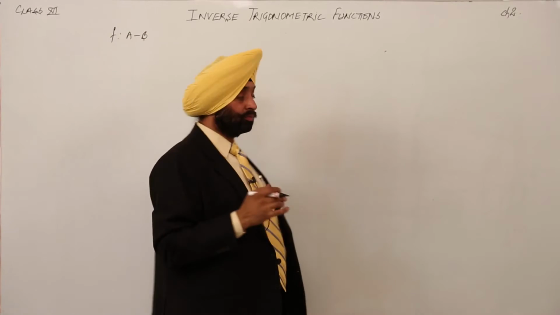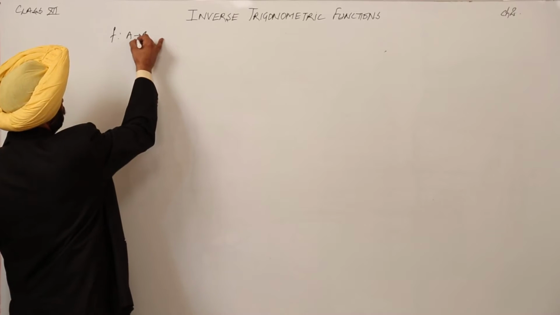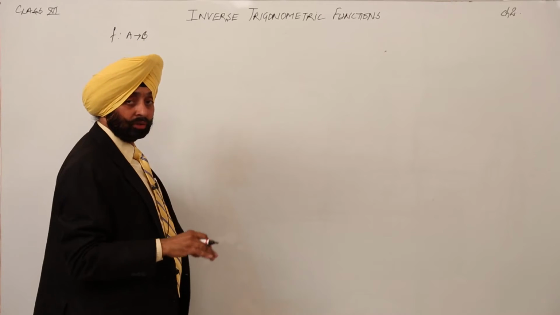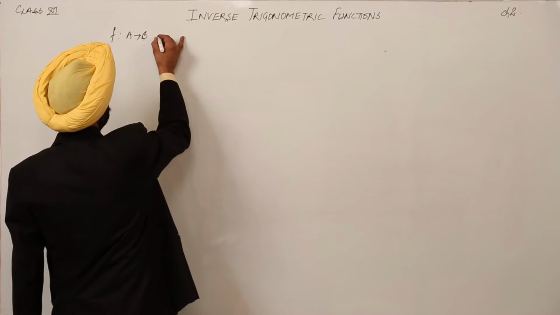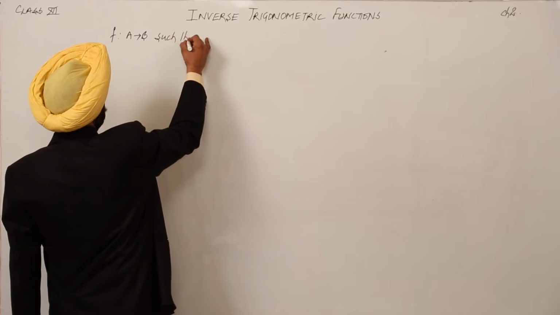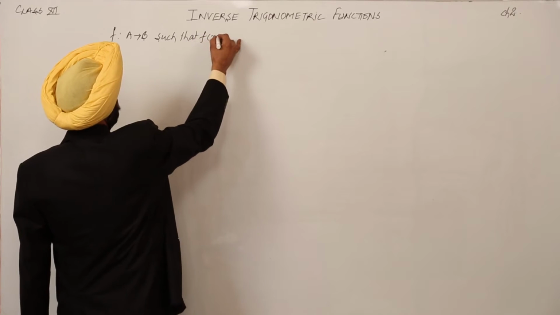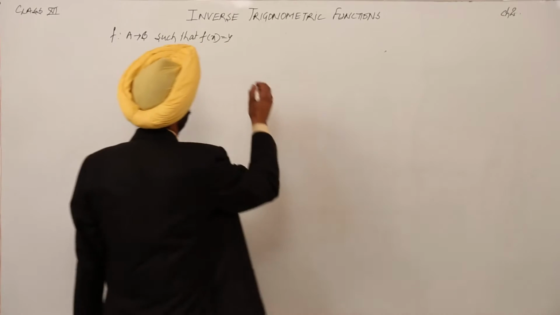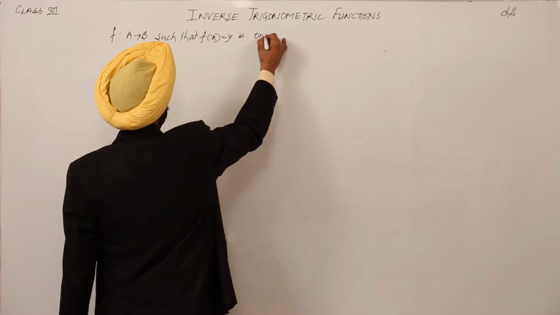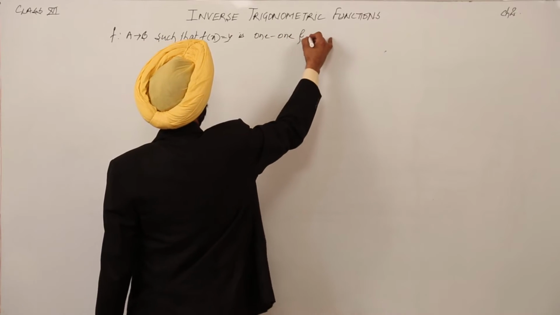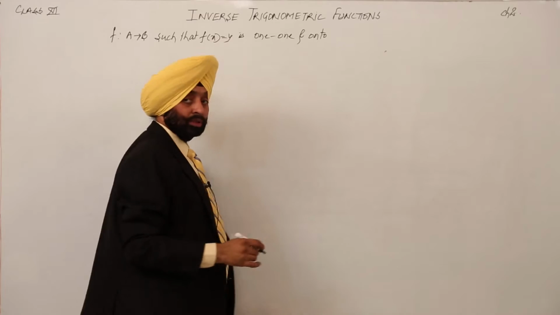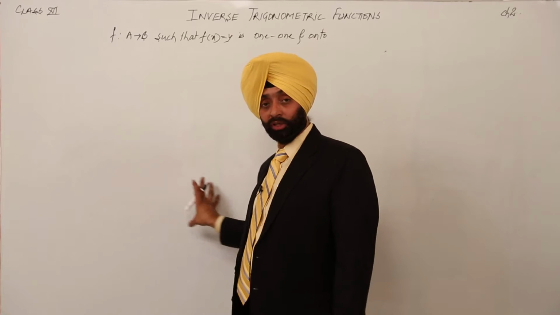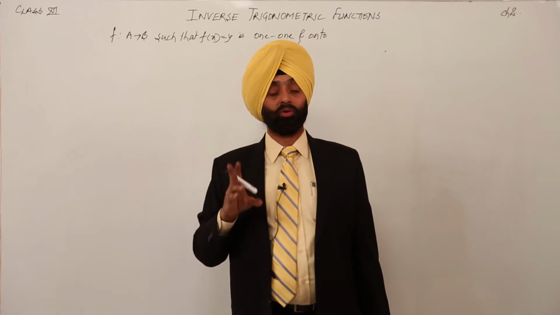a function f from A to B, such that f(x) is equal to y, is 1-1 and onto. 1-1 from domain to range, and the range should not be empty, that is for onto, a surjective function.